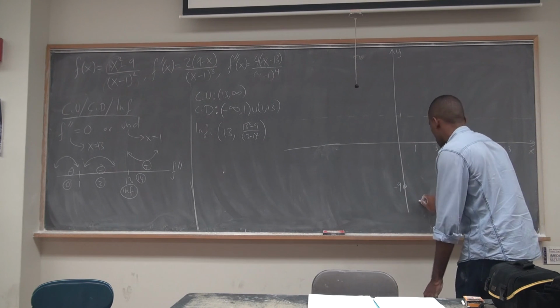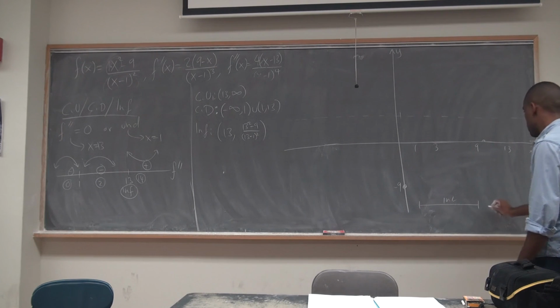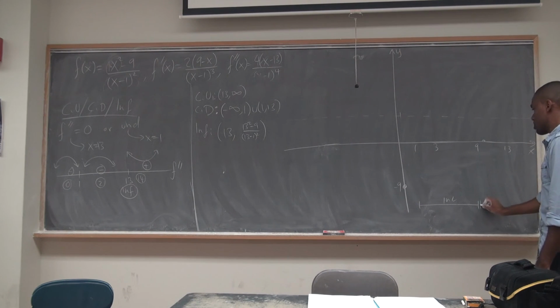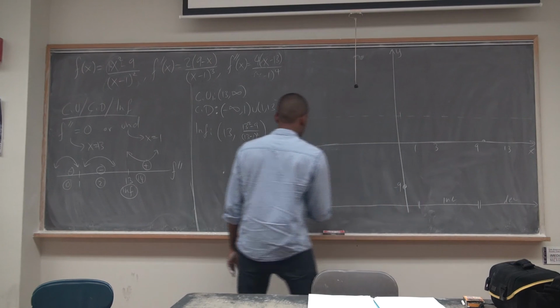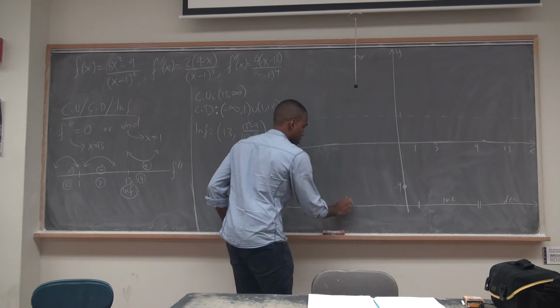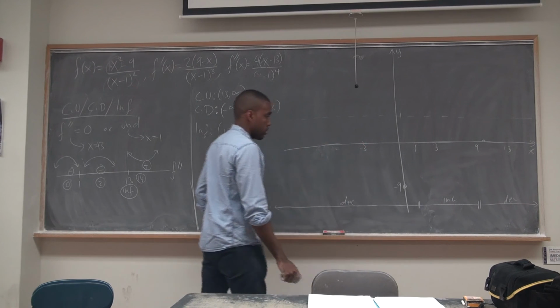So I'm increasing from 1 to 9. And I'm decreasing everywhere else? Yeah. Minus 3. Okay, what about concavity?